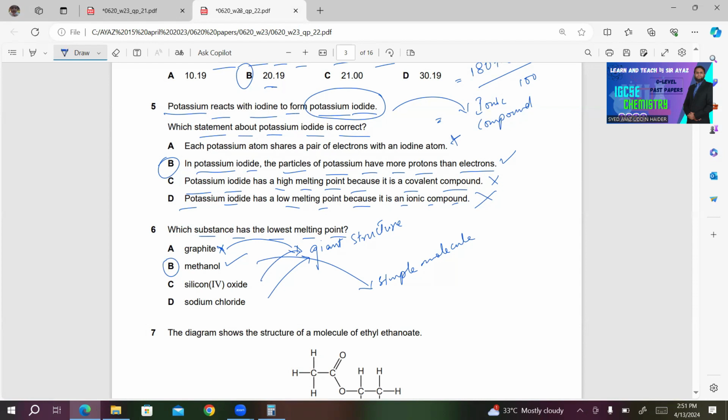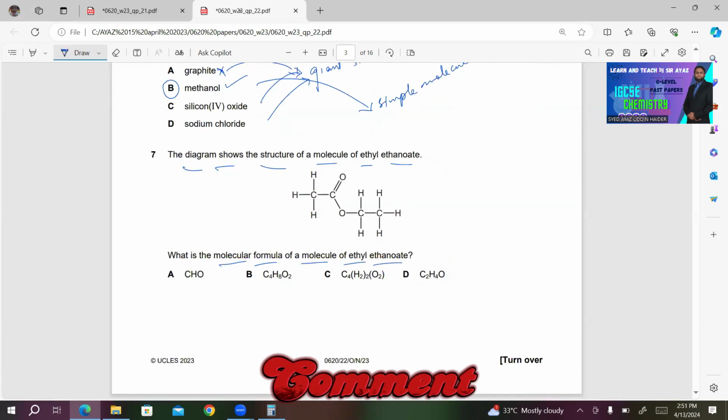Number 7. The diagram shows the structure of a molecule of ethyl ethanoate. What is the molecular formula of a molecule of ethyl ethanoate? Let's count the number of carbon atoms first. 1, 2, 3, 4. Must be C4. So either choice B or C is correct. A and D are incorrect.